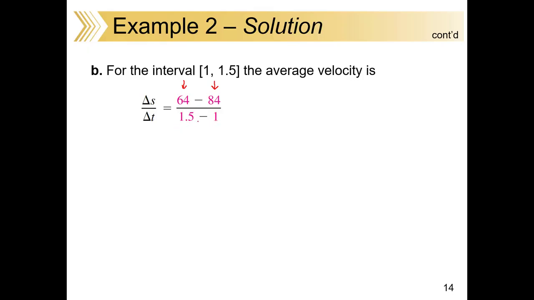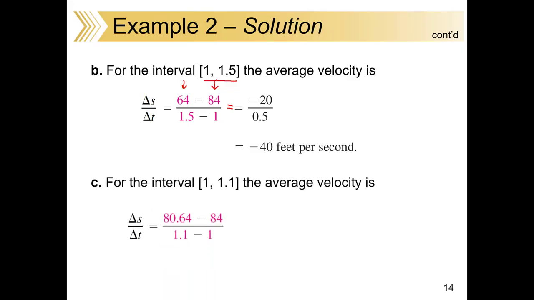Subtract the time values. Remember, 64 and 1.5 go together, 84 and 1 go together. Do your arithmetic. There are your numbers in the division, and there's your average velocity. Remember, it's the average velocity going from 1 second on your watch to 1.5 seconds on your watch.